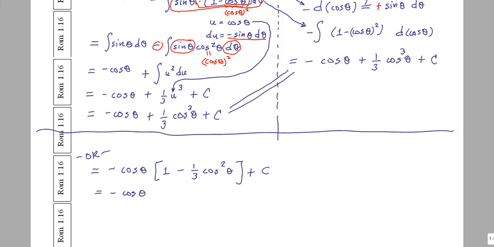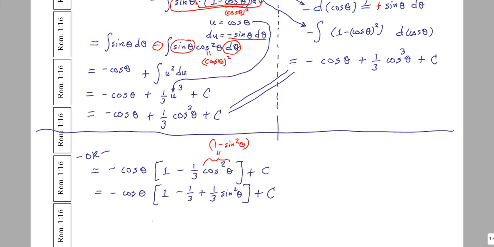And this is equal to minus cos theta. And once again, remember that this cos squared theta is nothing other than 1 minus sine squared theta. So if I do that, inside the brackets I get the 1. I get a minus a third times 1 is a minus a third. Then a minus a third times a minus sine squared is a plus third sine squared theta, close bracket, plus the constant of integration.